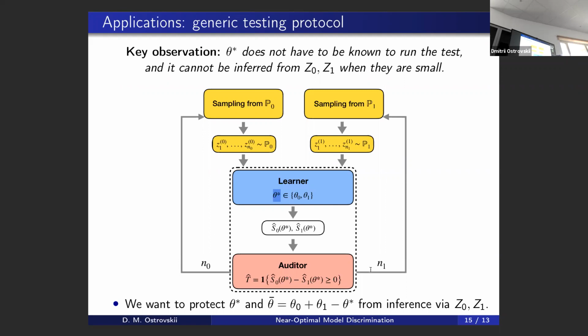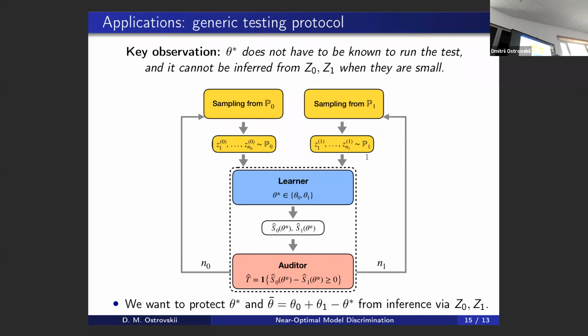Well, how can this protocol be used, right? So what is the protocol? Well, I decide as the auditor what my sample sizes are. They can even be different. If I have implemented the sampling oracles for the two distributions, then I just feed my sample sizes to the sampling oracles.